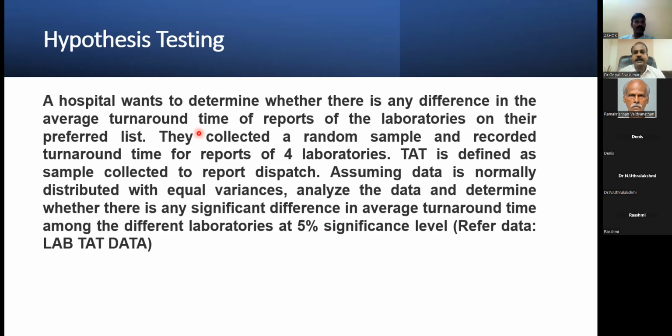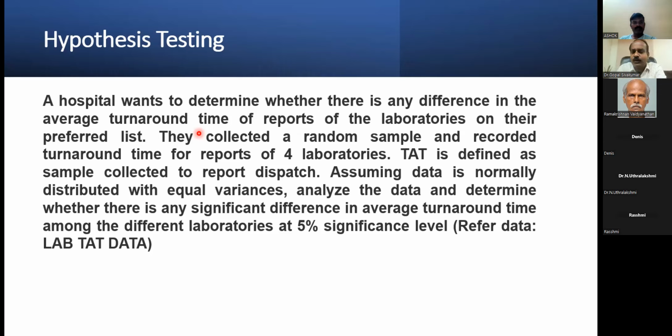A particular diagnosis is performed in all the 4 labs having similar equipment, so the time required is expected to be more or less the same. Do you understand? Yes, sir. Very simple scenario, right? 4 similar laboratories, so similar time for the similar diagnostic.